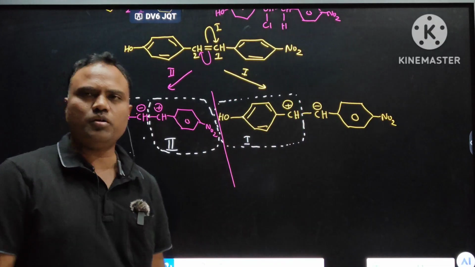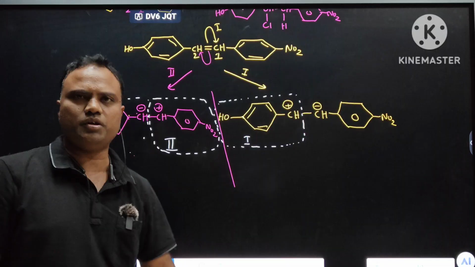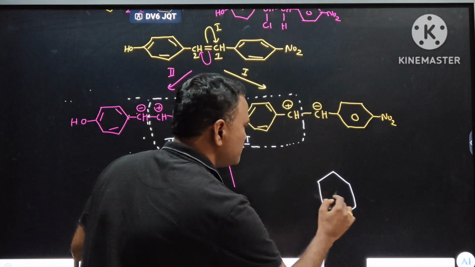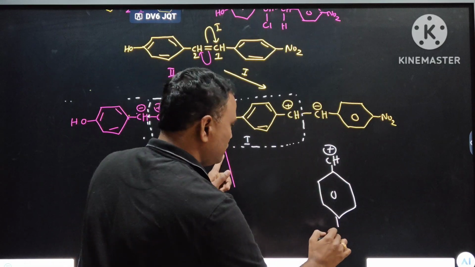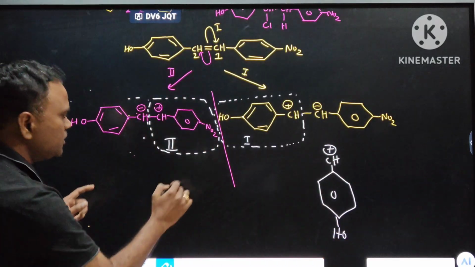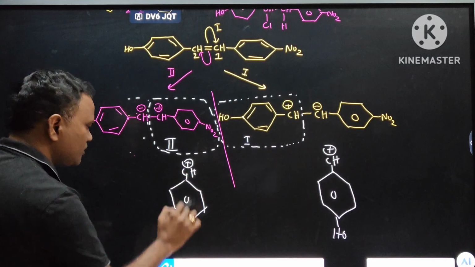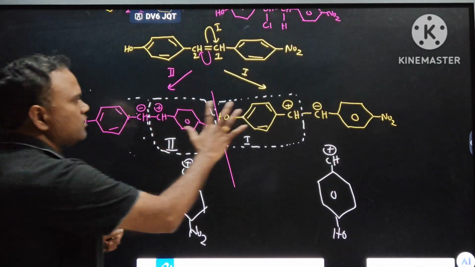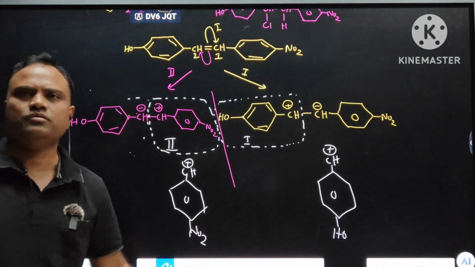In this dotted box, I kept the carbocation. Observe only this part. What is my intention? You have to focus on this part only. This is OH and this part is NO2. Only observe this portion. Which is the stable carbocation, 1 or 2?